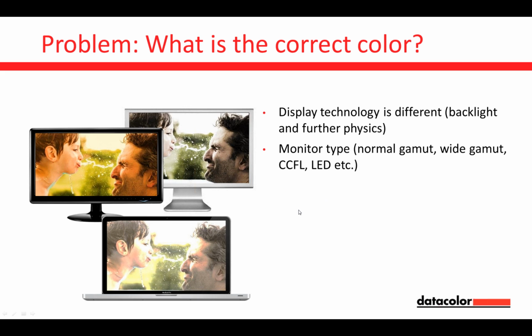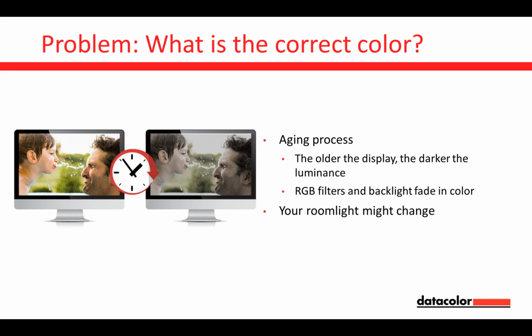And also, there's an aging process. That's an extreme example here, but at the beginning, and after a couple of months, weeks, years, you have a fading effect. The display gets darker because the backlight will fade.